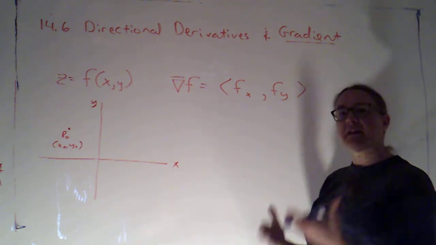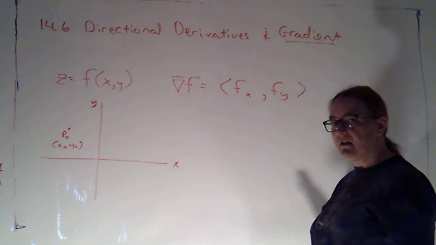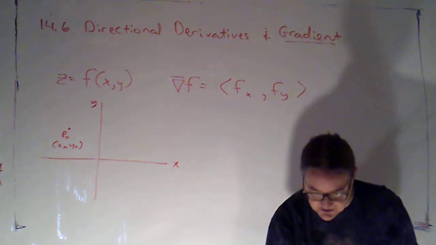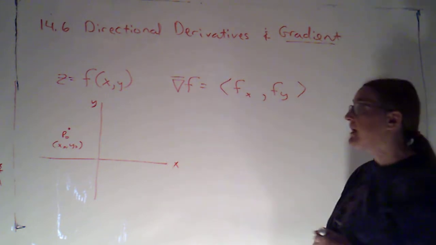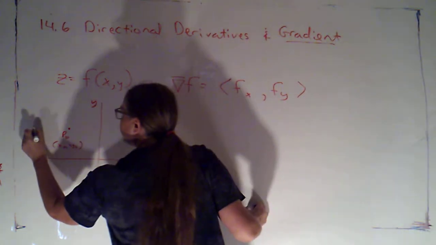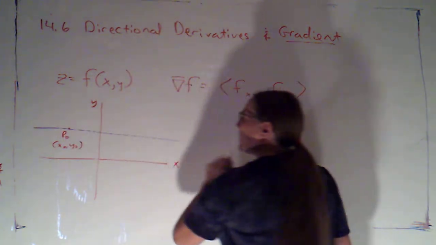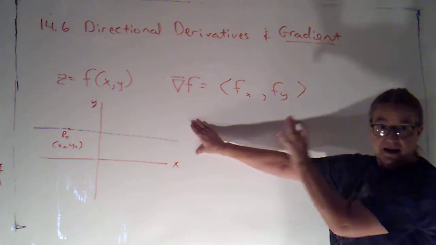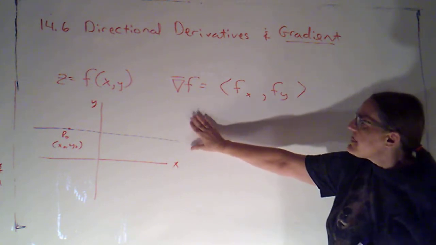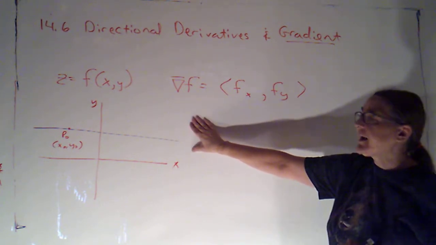So we would look at the plane y equals y naught. We would simply slice our surface with that plane and then look at the cross-sectional curve.